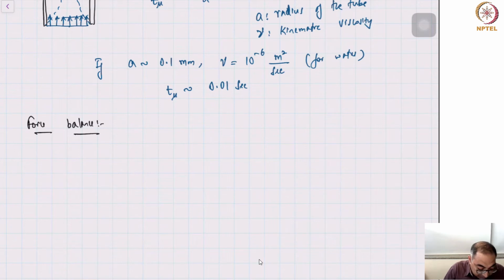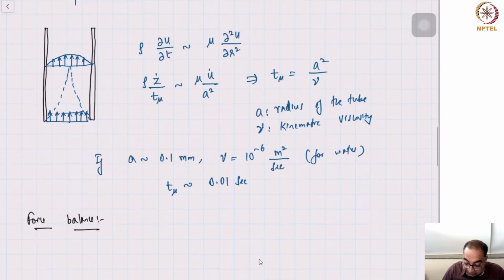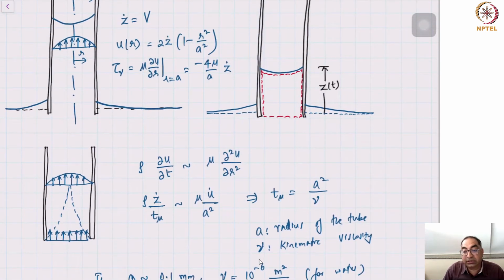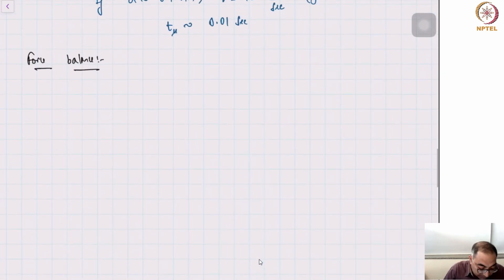This is a force balance on the column that I've shown here in this red dashed region. That's the control volume. There are two masses, and it will become clear in a minute why that's the case. You have two masses times z double dot.